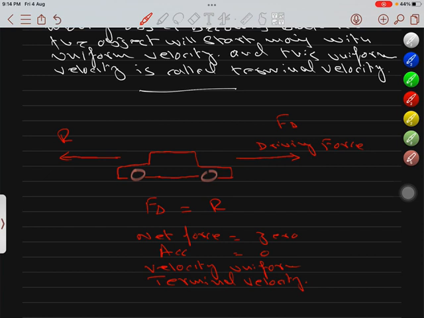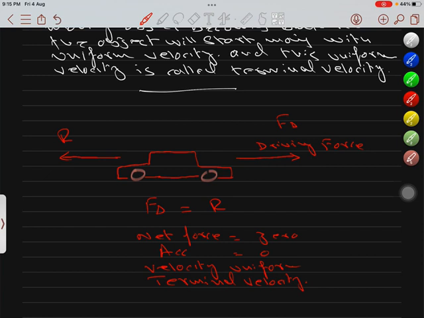If you want to increase the velocity, to produce acceleration, you have to push the accelerator more forward to produce more driving force, so that your driving force is more than the resistive forces. So you have to increase the force to continue creating acceleration.